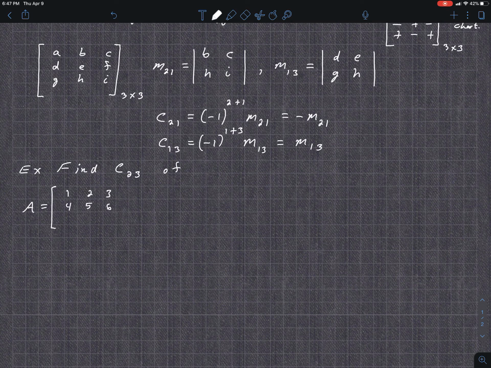Matrix A will be a very simple matrix: 1, 2, 3, 4, 5, 6, 7, 8, 9. So let's do that calculation. C23 is going to equal negative 1 raised to the 2 plus 3. Kind of makes that easy, right?